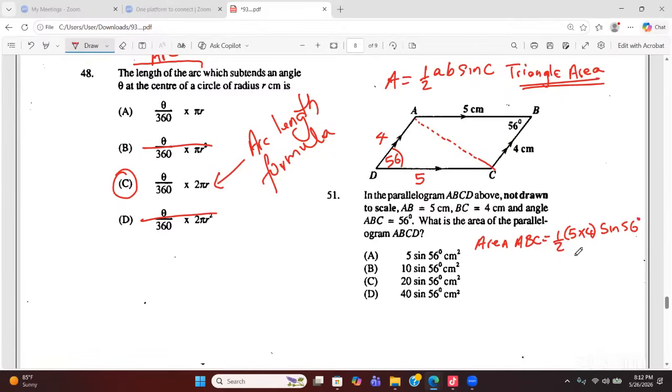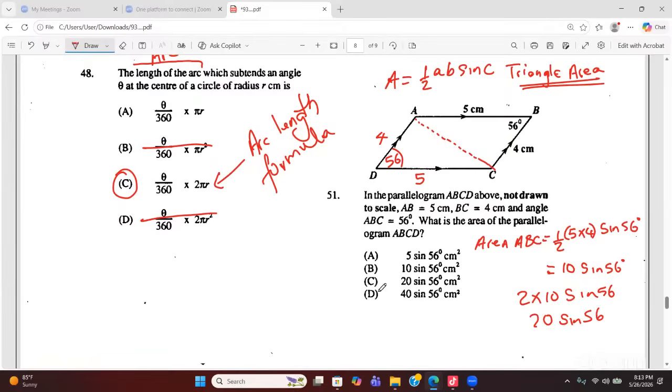When you break this down, 20 divided by 2 is 10, so this gives us 10 sine 56. But remember now, it's 2 of them, so you're going to have to double it up. You have to multiply this by 2. So you're looking for 20 sine 56, because it's 2 same triangles.